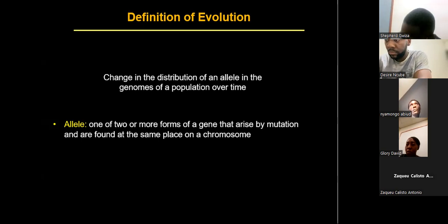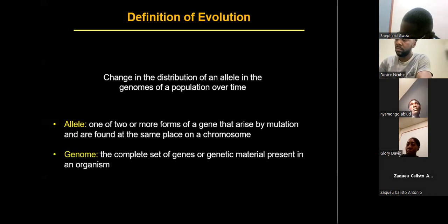And the genes can change over time, right? Our definition of genome is just the complete set of genes or genetic material that the organism has. And so we're talking about the genomes in a population. And evolution is just about changes in frequency of those different alleles of those genes.